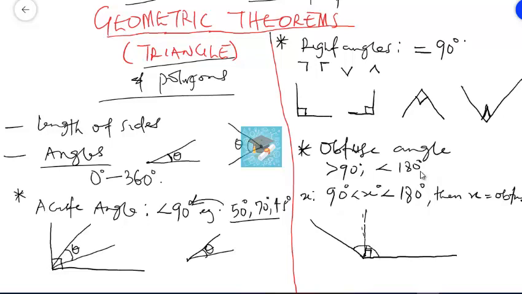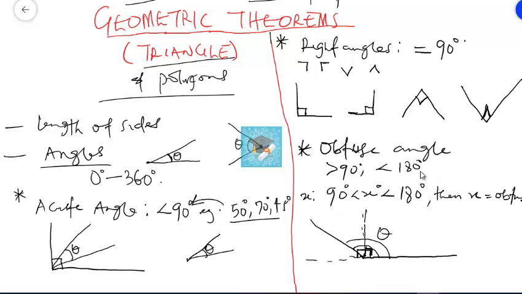It's greater than 90 degrees, but at the same time it's less than 180 degrees, because this is 90 degrees, this is another 90 degrees, so it makes an angle of 180. But this angle is less than 180. At the same time, it's greater than 90 degrees. So this is an obtuse angle. You can see that an obtuse angle spreads out more than the vertical point of origin, whereas the right angle is between the vertical and the horizontal point of origin. So this is an obtuse angle.